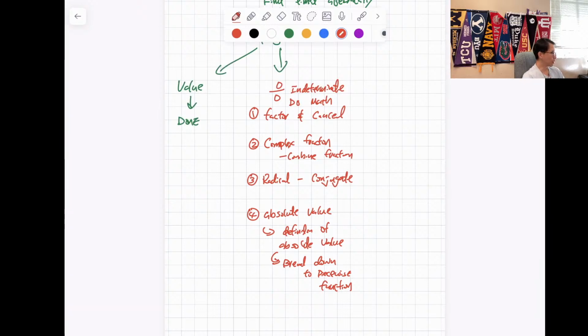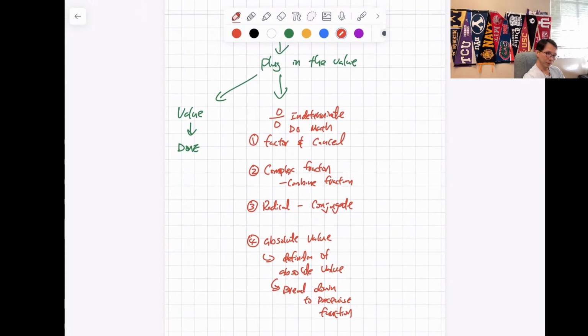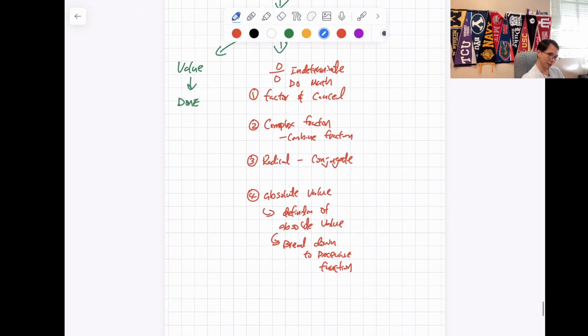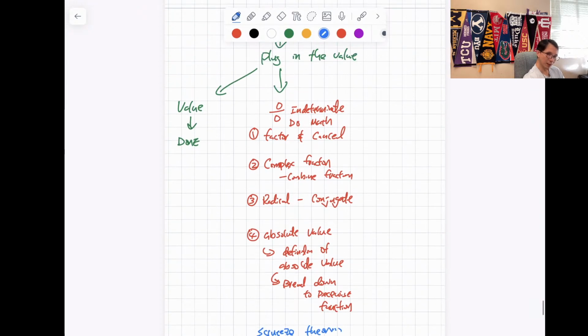Today we're going to talk about all those 4 choices. Now, we probably don't have enough time, but tomorrow we're also going to talk about the squeeze theorem. And the day after, we're also going to talk about when you have a number over 0.